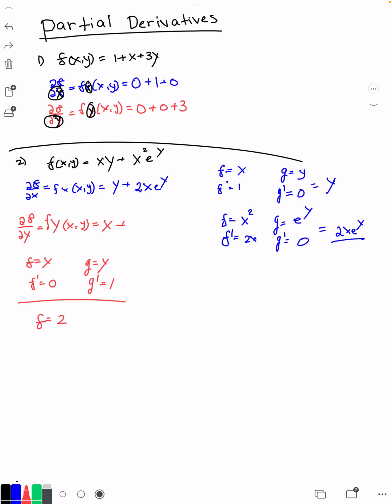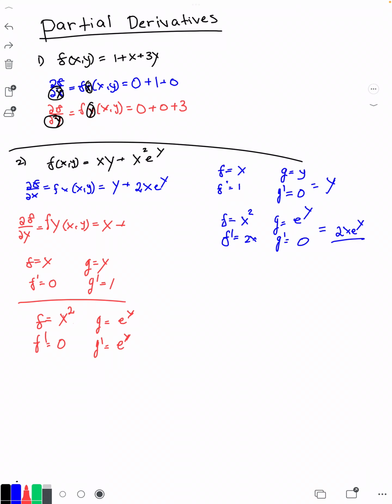f is x squared, g is e to the power of y, f prime is 0 since we derive based on y, and g prime. You remember e of x, when we derive it, it stays e of x, so e of y is the same.